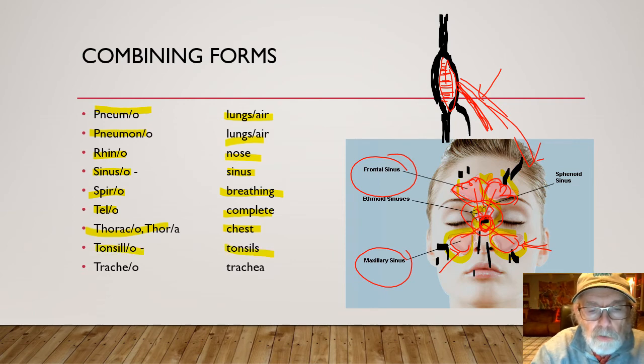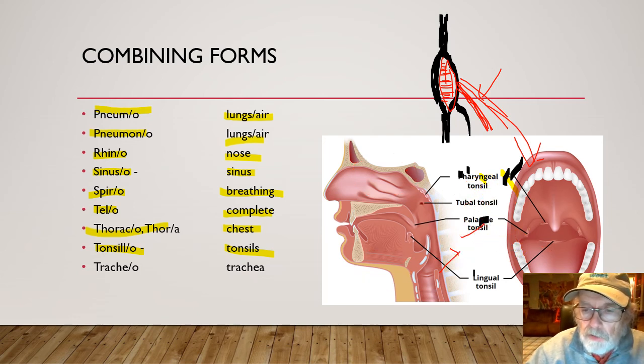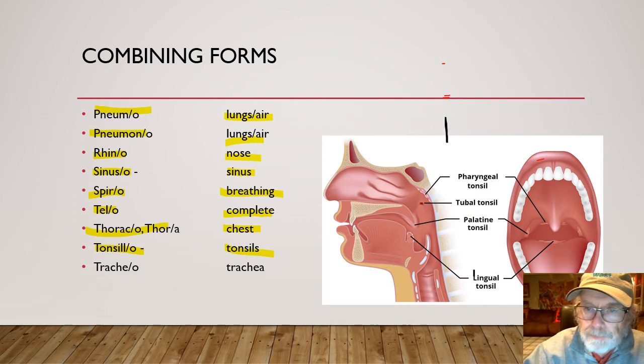Tonsillo. Now, tonsillo we talked about before. That means tonsils. Okay, and again, if we look at this diagram of the throat, we actually see what we're talking about. We have the three different sets of tonsils. We have the pharyngeal tonsils, which are also called the adenoids.